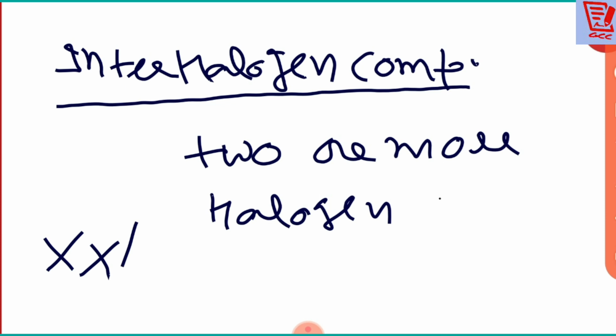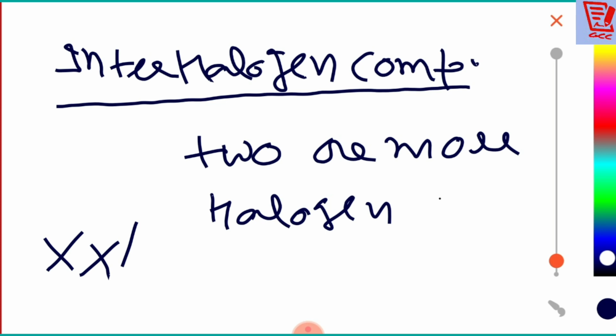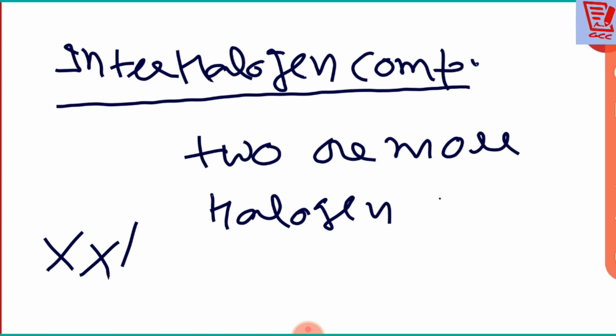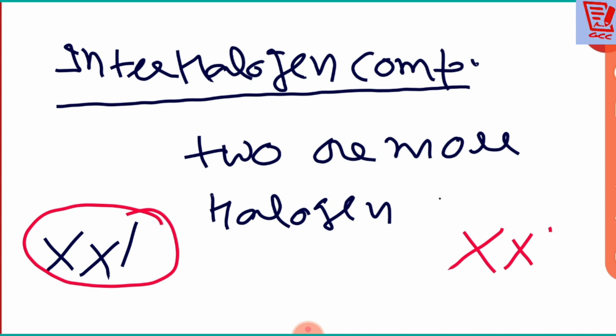Only then they are called interhalogen compounds. If they are both the same, then they are called halogen molecules. That is why I have written XX' there, where both the halogens are different, and they are called interhalogen compounds.